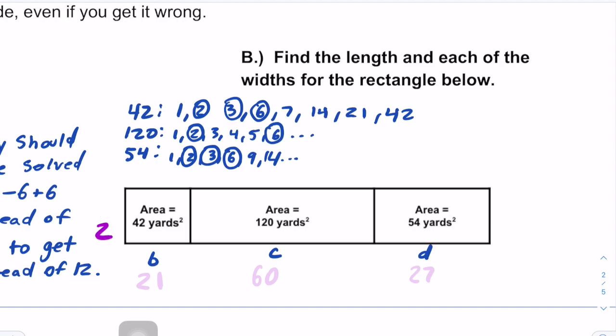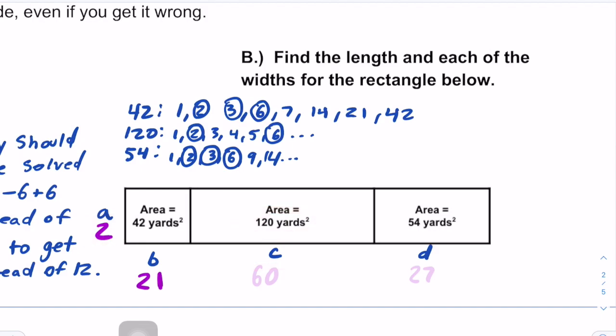If I'm using 2 for A, this means that A times B will have to give me 42. So 2 times something needs to give me 42, and in this case, 2 times 21 gives me 42. When I look at the next box, I know that A times C is going to have to give me 120. So 2 times something will equal 120.